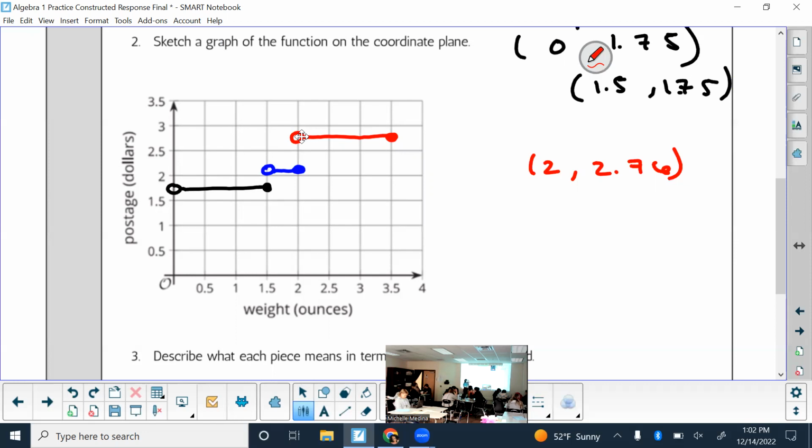And then the next segment, above 1.5 up to 2, it costs 2.03. And then above 2 up to 3.5, it costs 3.7, or sorry, 2.76. I would definitely make sure that the open circles you say above, because it doesn't include them. But then you can say up to for the closed ones. Good.